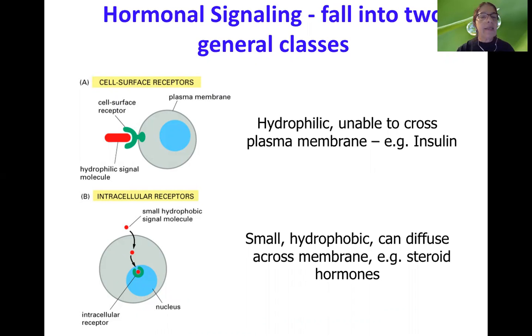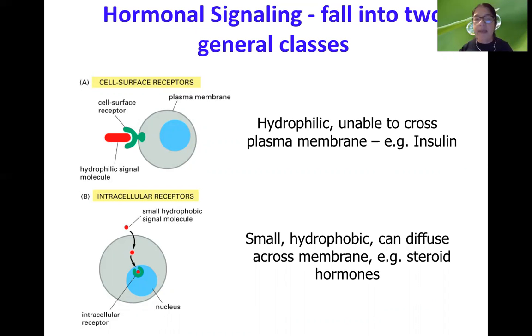But there's a second type of hormones. Those are the small hydrophobic, the steroid hormones. They can freely diffuse through the membrane and their receptors are inside the cells. Lucky for us, the signaling by steroid hormones is actually much simpler than signaling by peptide hormones.